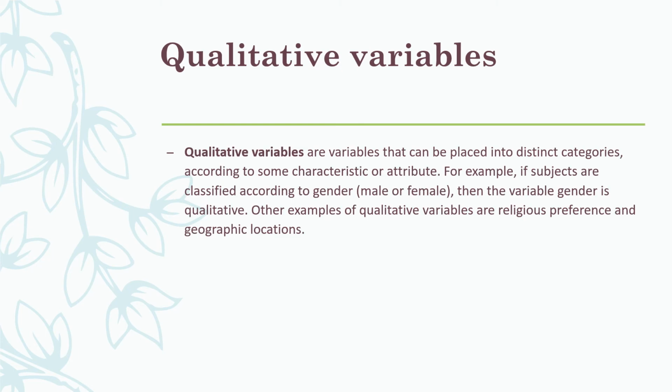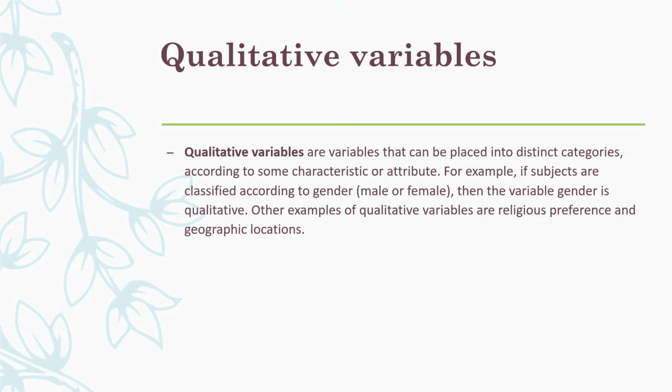Now, we also need to distinguish between qualitative variables and quantitative variables. And again, these are two terms that you may have heard before, you may have encountered before. And so qualitative variables are also what we refer to as categorical variables, because they can be placed into distinct categories according to some characteristic or attribute. And so, for example, in every questionnaire that we design, we tend to ask about gender.